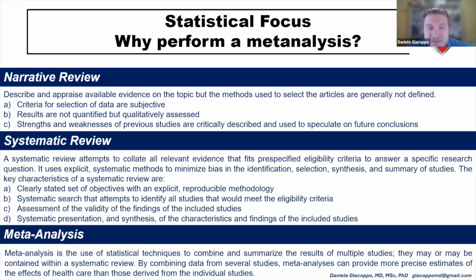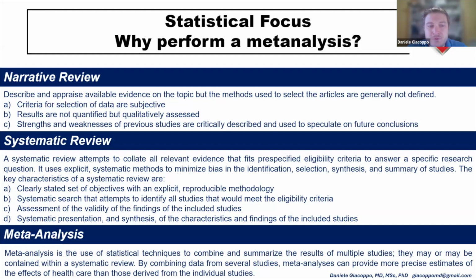So the narrative review is the common review, which is written narratively without clear selection criteria, which are subjective. Results are not quantified. There is only a narrative and qualitative assessment of the evidence, and strengths and weaknesses are discussed by the authors in the paper.